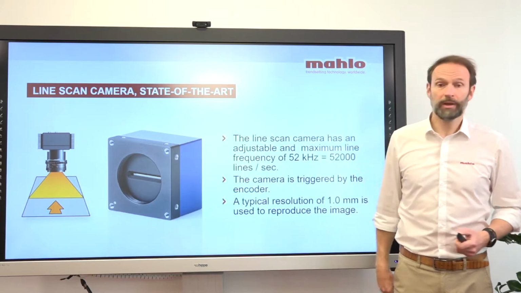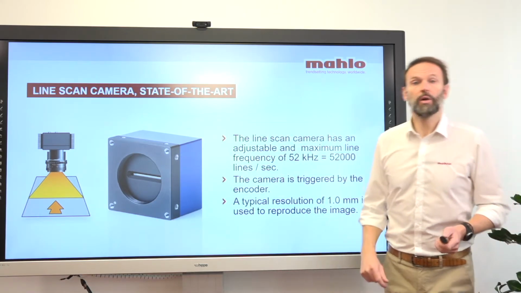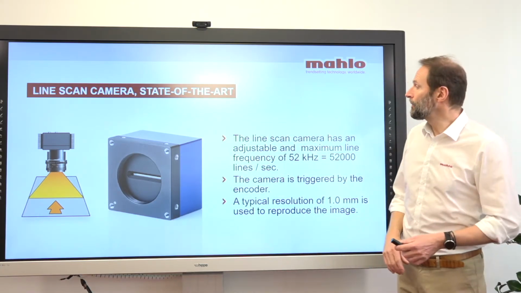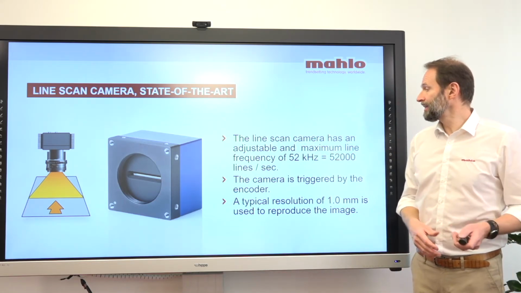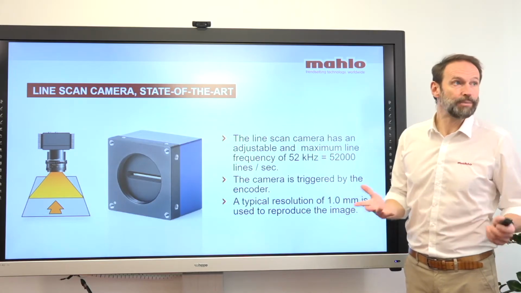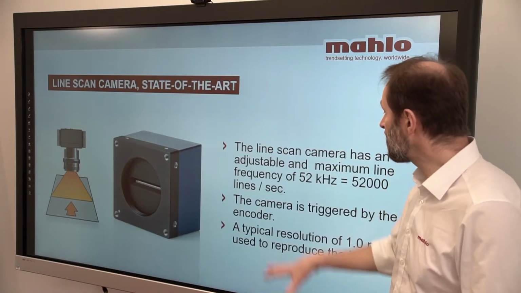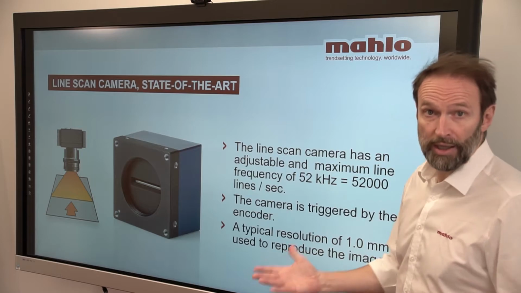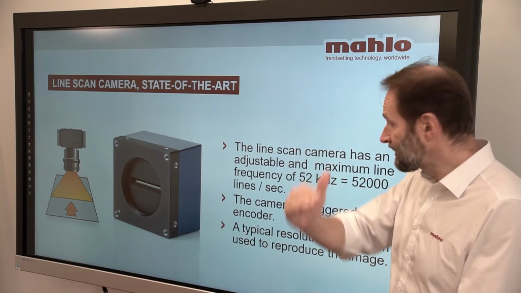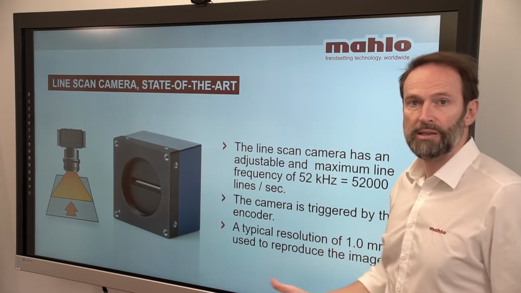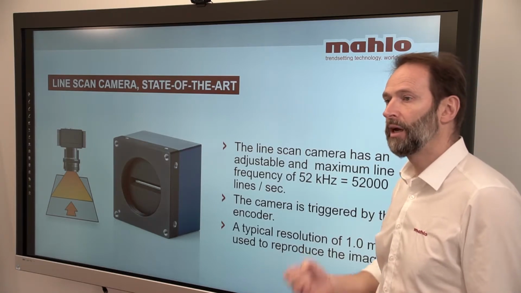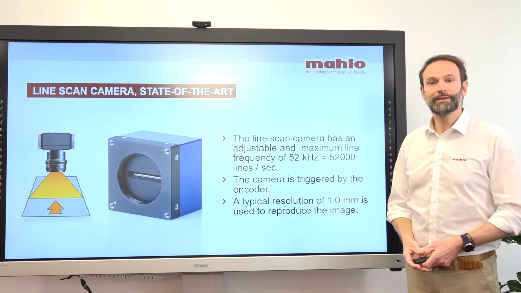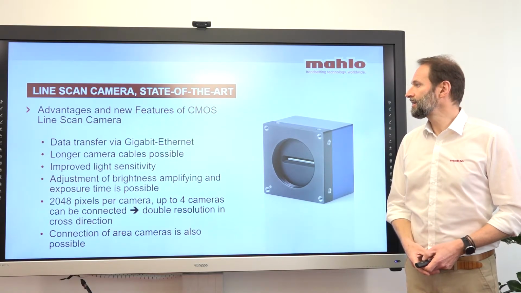Once again, the benefits of that new camera technology. The line scan camera has a frequency of 52,000 lines per second, so there's a lot of data. It is triggered by the encoder to get the distance, and the resolution is 1 millimeter. That means that we have really a very clear visibility of the picture that is required.